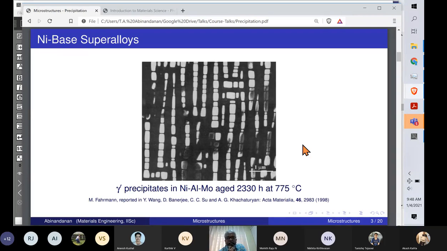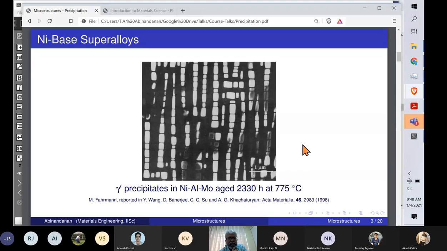Many of these interfaces are produced through precipitation. So we will run through a set of microstructures in various kinds of alloys produced through such a precipitation route. And this is from superalloys.